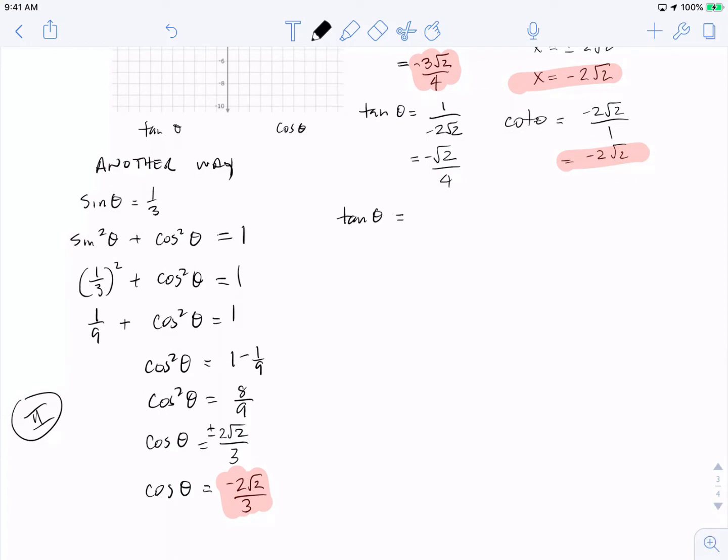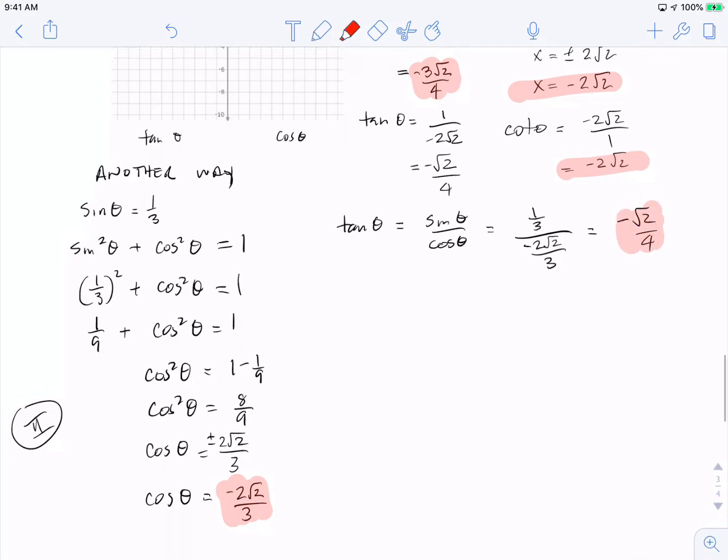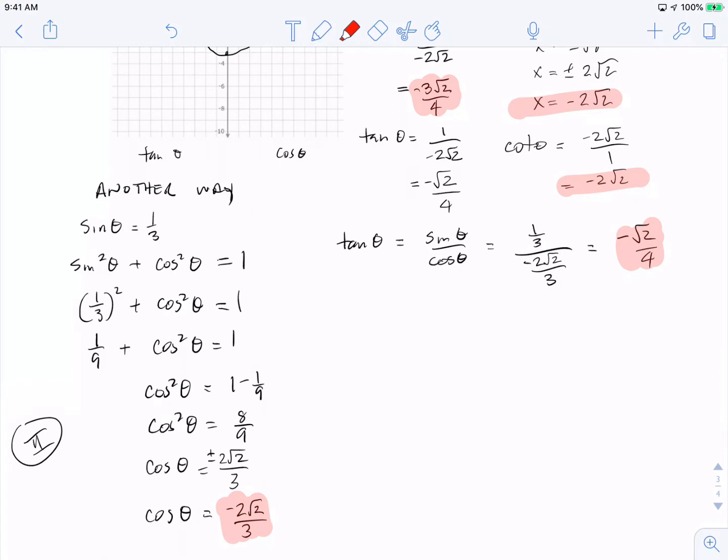So remember, tangent really is sine over cosine. So since it's sine over cosine, I'm going to go 1/3 over negative 2 radical 2 over 3, which will clean up to be negative radical 2 over 4. So a negative 2 radical 2 over 4 for tangent.